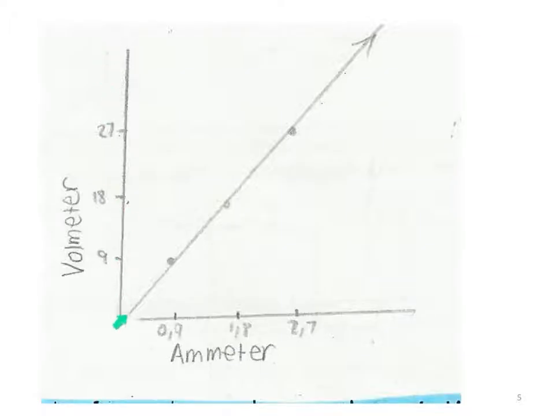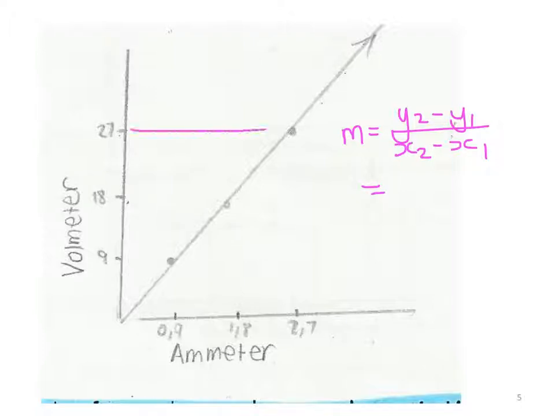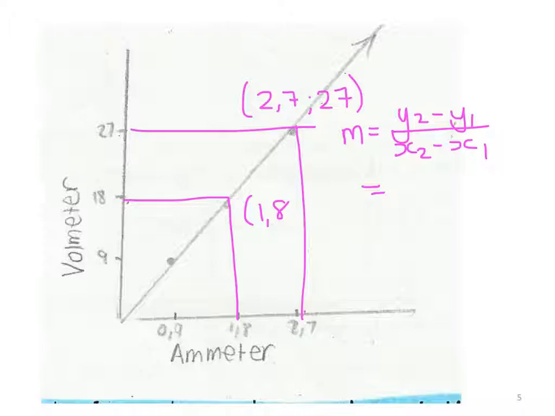So here's an example. I've put the voltmeter on the y-axis and the current strength, the ammeter, onto the x-axis. Let's say I wanted to work out the gradient. So I'm going to say gradient is equal to y2 minus y1 over x2 minus x1. y2 is going to be, let's say, 27. So this point over here is (2,7; 27). And this point over here, say, is (1,8; 18).